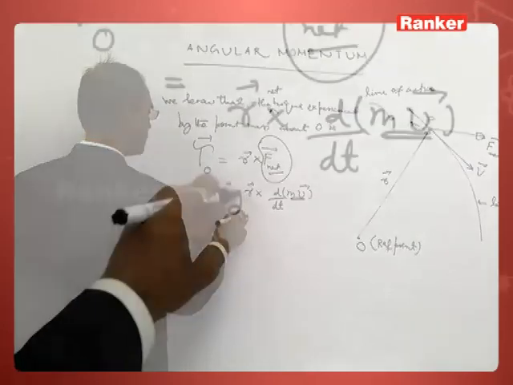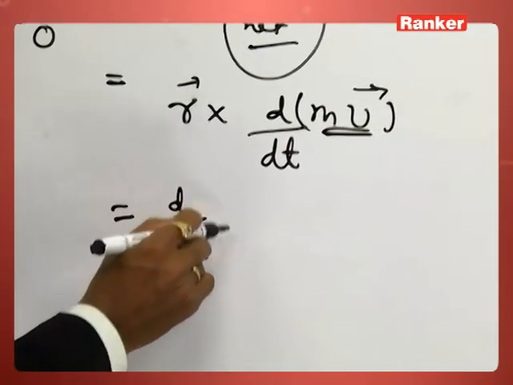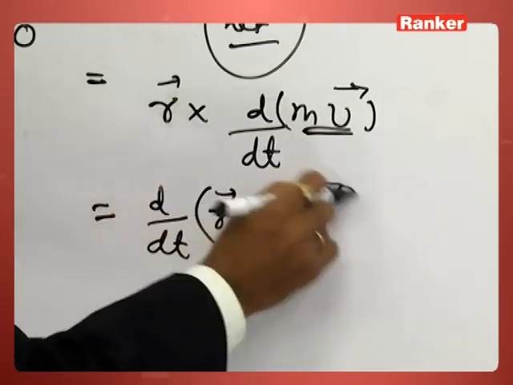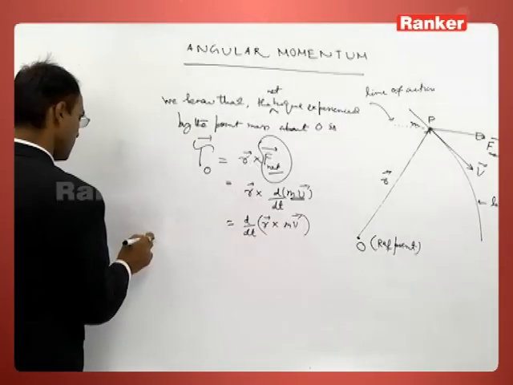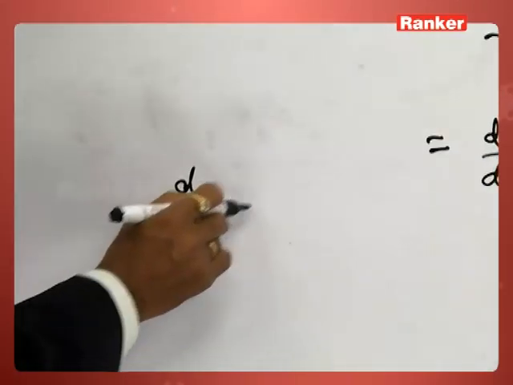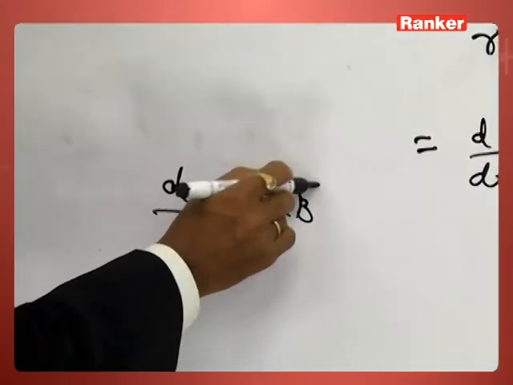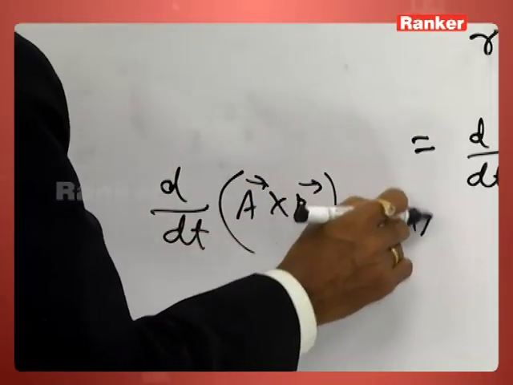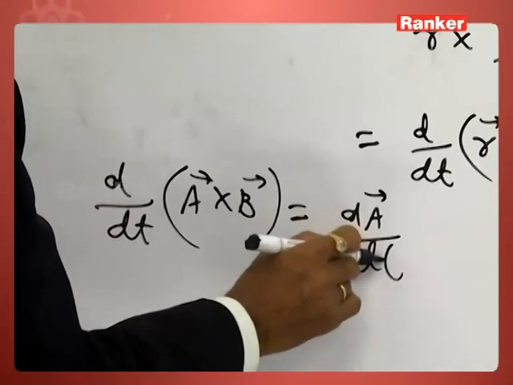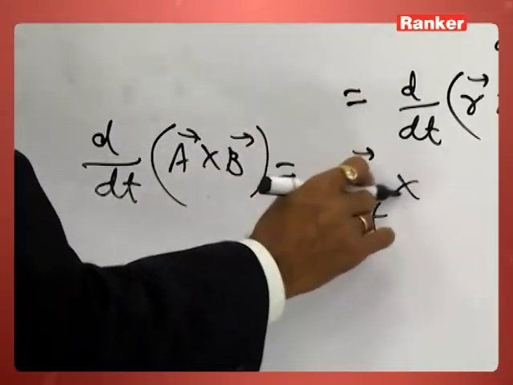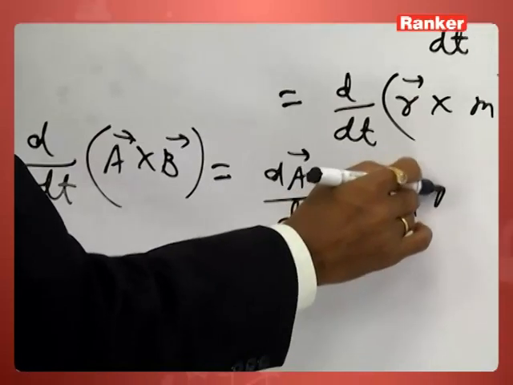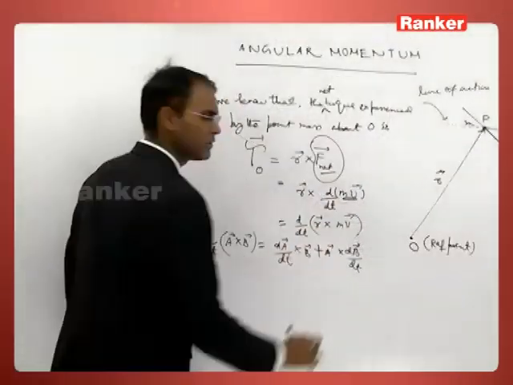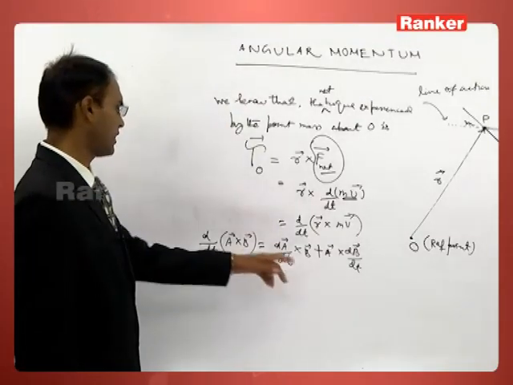This can be written as d by dt of R cross mv, because the time derivative of A cross B can be written as derivative of A vector cross B vector plus A vector cross derivative of B vector. This is a vector operation.